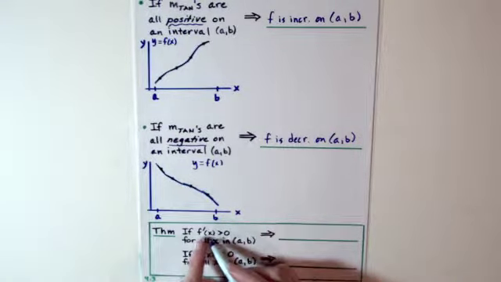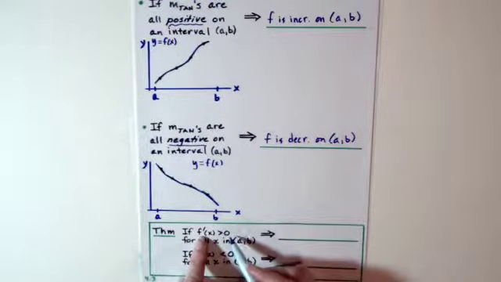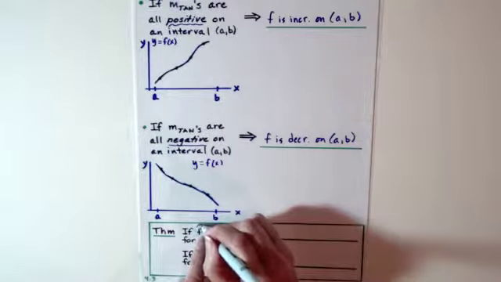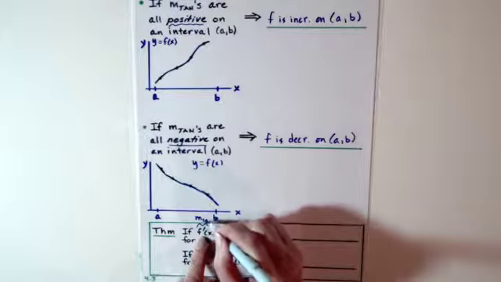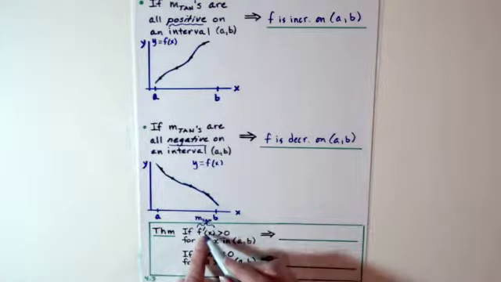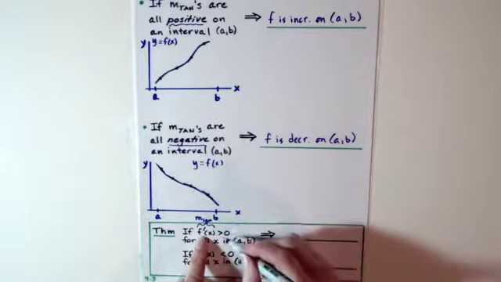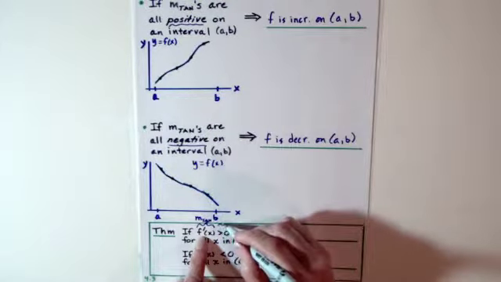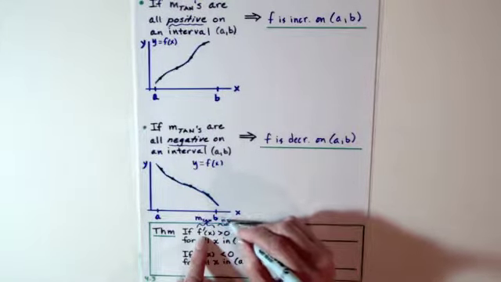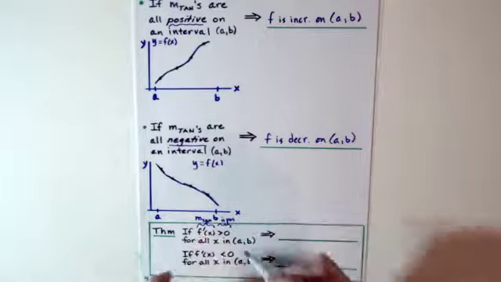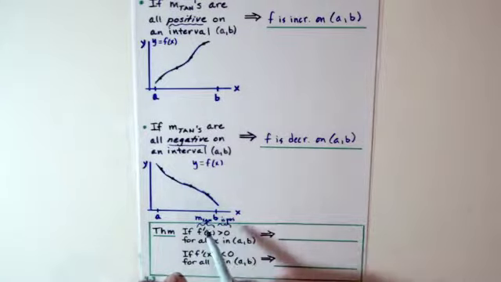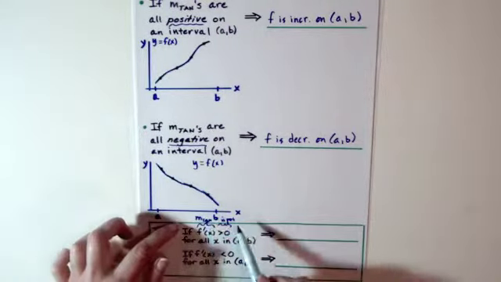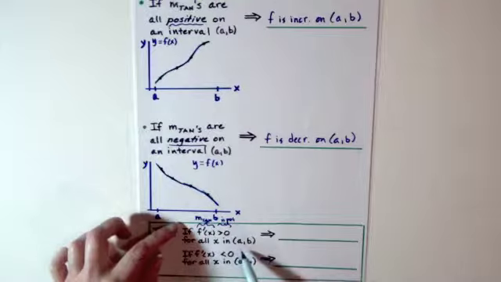I say if f prime is greater than 0, and remember that f prime is exactly the same as the slope of the tangent line. So what we're saying is the slope of the tangent line is greater than 0. In other words, is positive. So when we say f prime of x is greater than 0 for all x in the interval from a to b, we're really saying the slope of the tangent line is positive for all x in the interval from a to b.